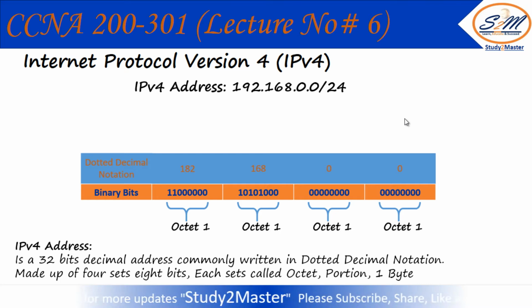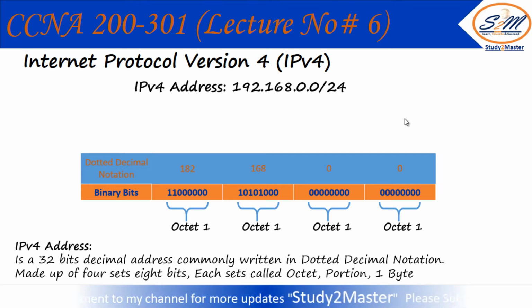The IP address is divided into binary bits. So we have octet 1, octet 2, octet 3, octet 4. A complete IP address is divided into four octets. Each set is called an octet, or portion, or 1 byte.